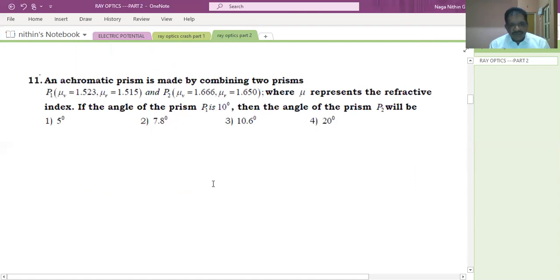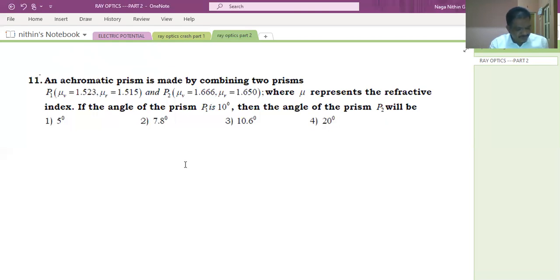See the next question. Achromatic prism is made by combining two prisms P1, P2. For that mu V, mu R values are given. Mu is the refractive index. Angle of the prism P1 is 10 degrees. What is the angle of the prism P2?